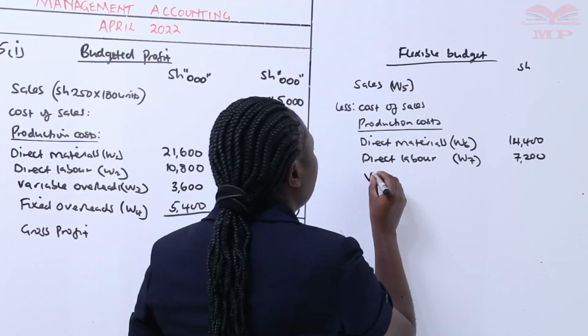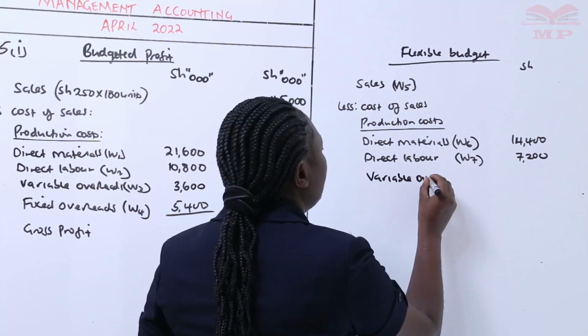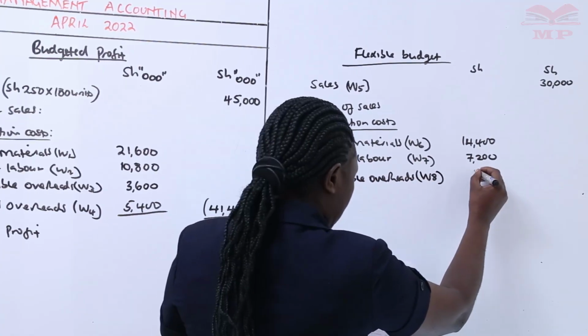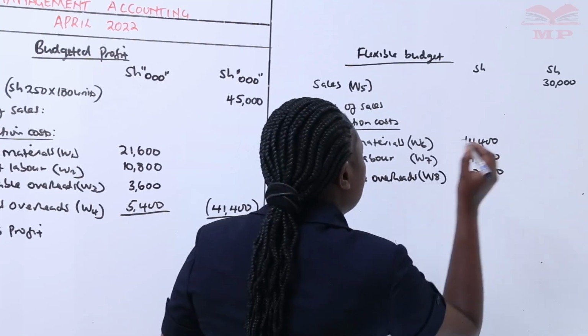This is variable overheads, working number 7. The amount is 2,400.